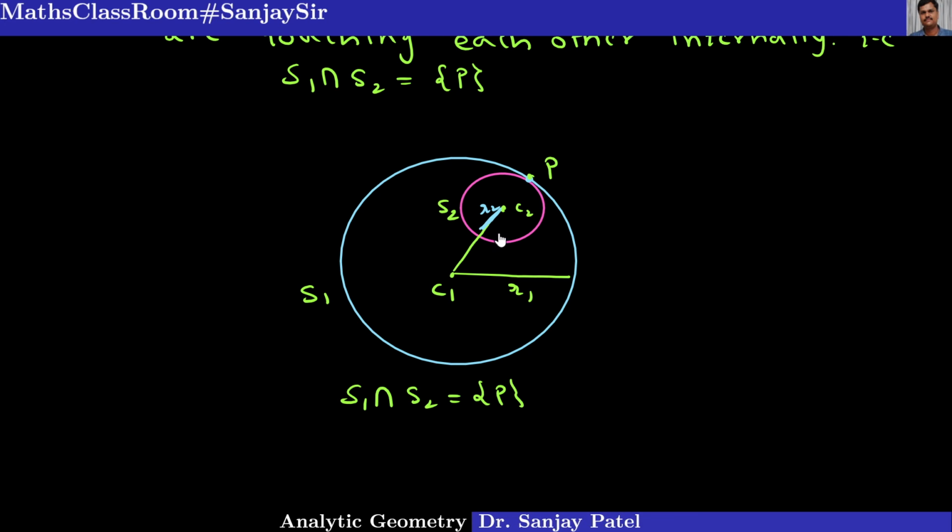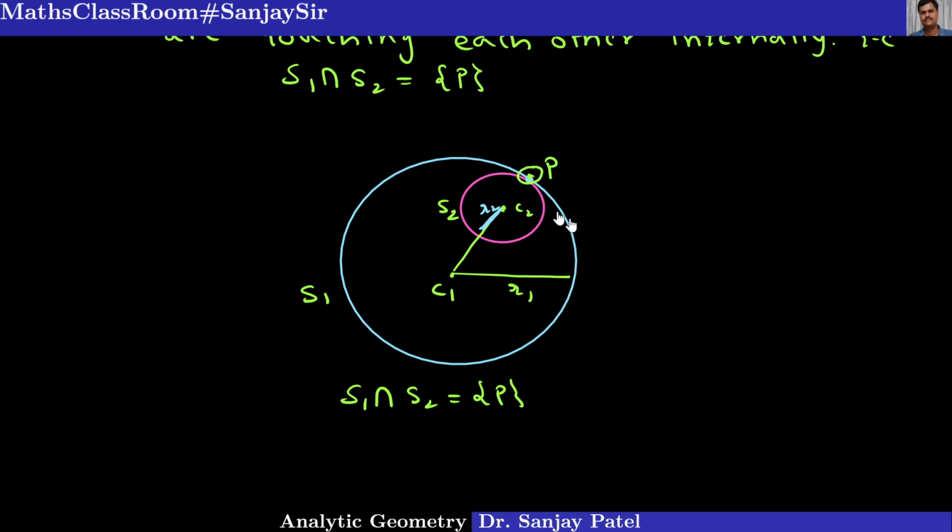Okay, remember, a sphere is always a surface. So one surface is inside the another surface. Sphere is not a solid object. It is a hollow surface. Okay, and we are considering points on the surface as a set S1 and S2, and discussing the intersection. So in this case, S1 intersection S2 is only this point.